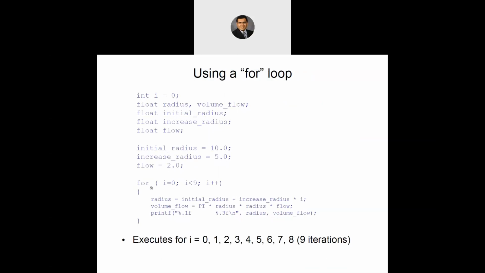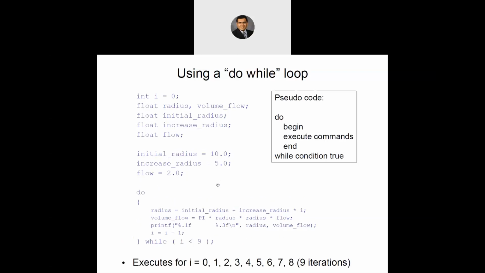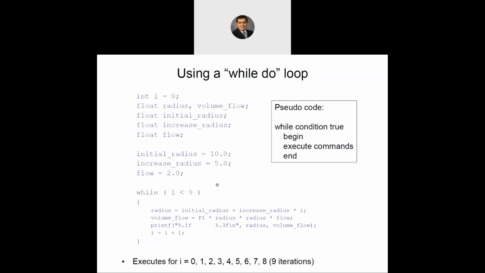In a for loop, we have got the initial value of our loop variable, the condition, and the increment value all in the same line. Okay? Remember, a loop should have 3 major aspects. The first thing, a loop should have a variable associated with it.